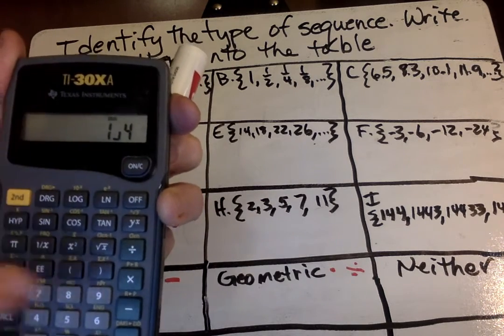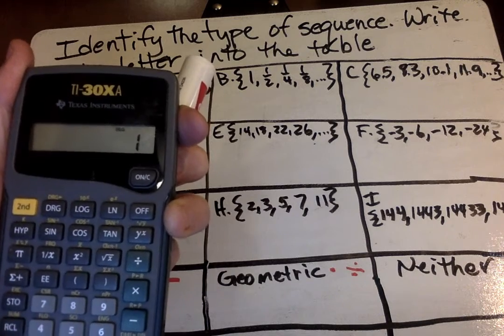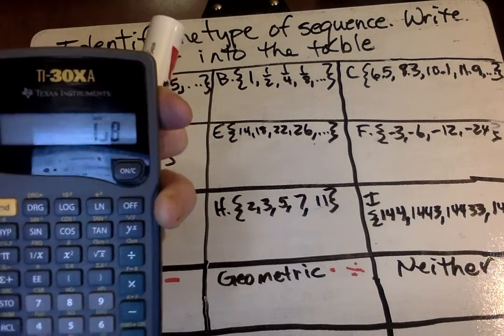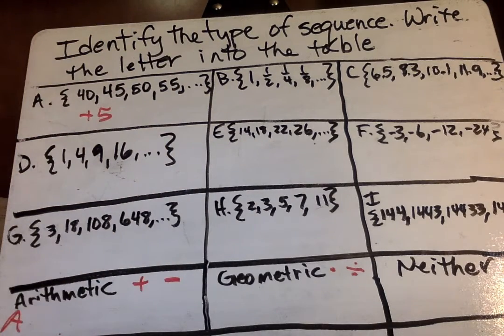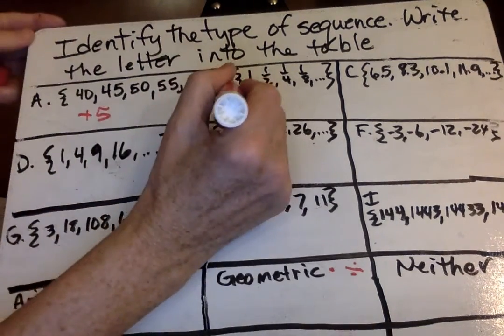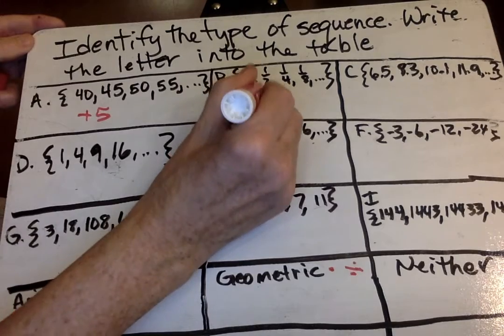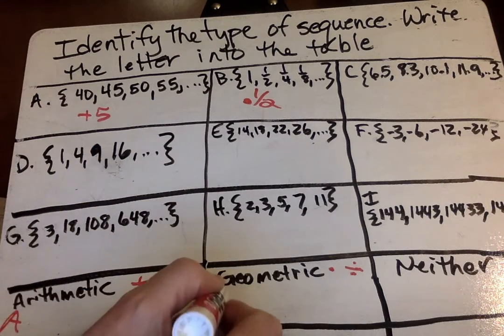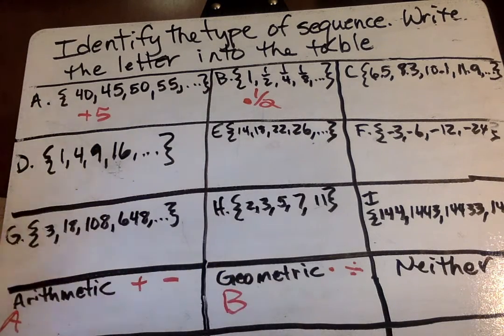Yep, that works. And then I'm going to times it one more time by half, and I get 1/8. So that means everything is multiplied by 1/2. So if I multiply by a half, it's going to have to be geometric. So I'm going to put B for geometric.